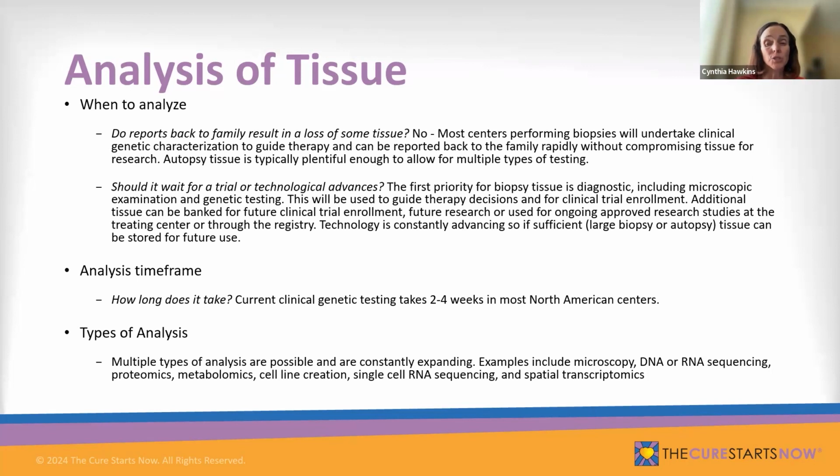Beyond that, on a research side, there's a whole list of things that could be done, including looking at the proteins, so proteomics, and looking at the metabolism of the tumor, which is called metabolomics. We can make cell lines, which we can then use to test different therapies, either in a tissue culture dish or in animals. And then newer technologies such as single-cell RNA sequencing, spatial transcriptomics, and so on can all be done with the tissue.